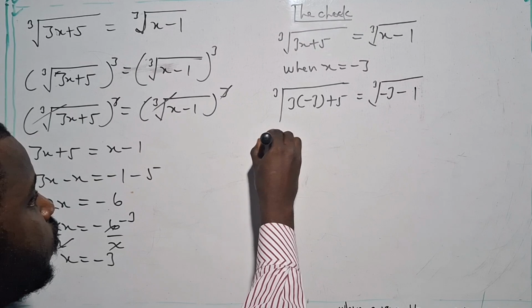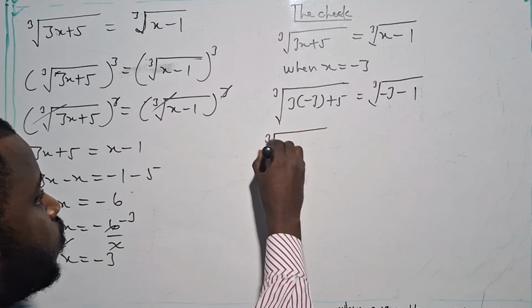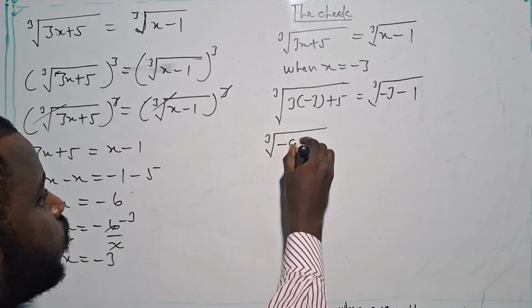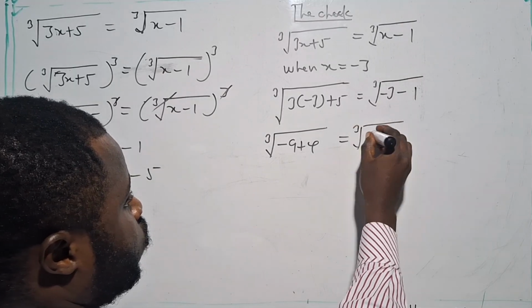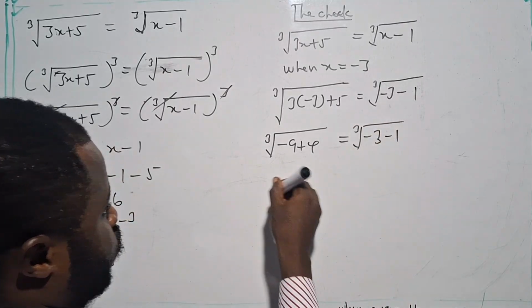You have the cube root of negative 9 plus 5 equal to the cube root of negative 3 minus 1 as well.